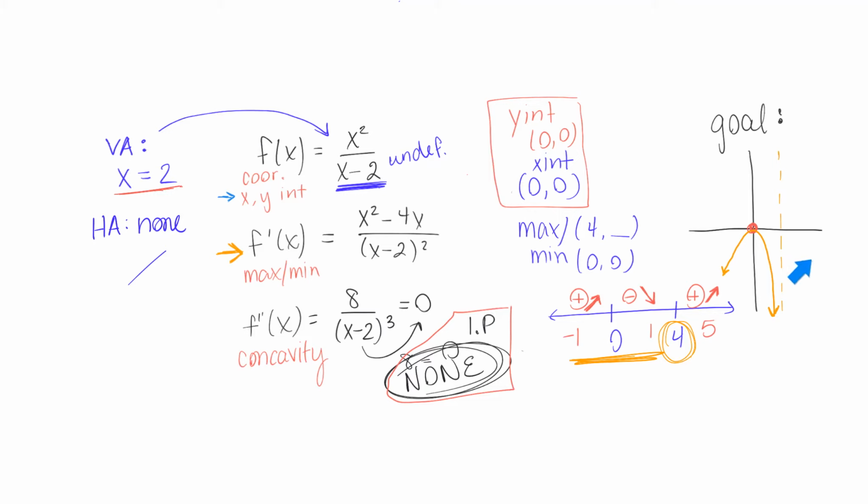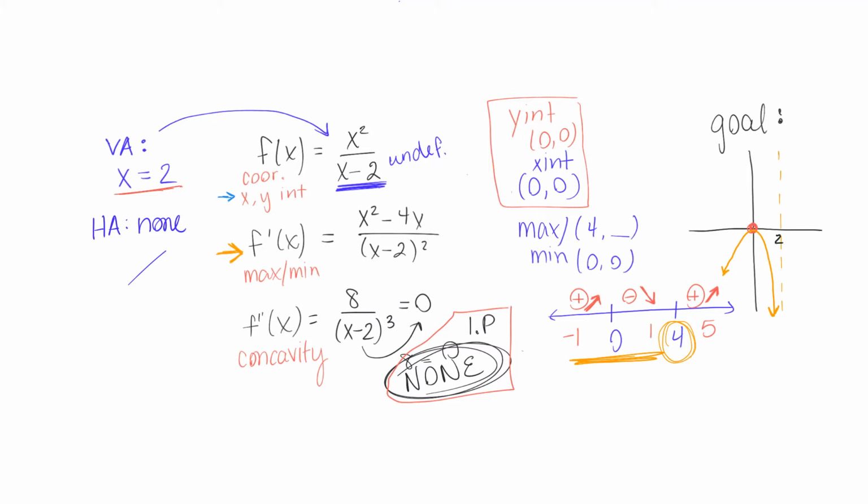On the other side of 4, it needs to be increasing. So it's decreasing until 4. So from 0 to 4, it's decreasing. So that means on the other side of this 2, it has to keep decreasing until we get to 4.